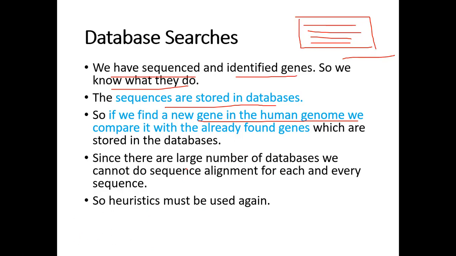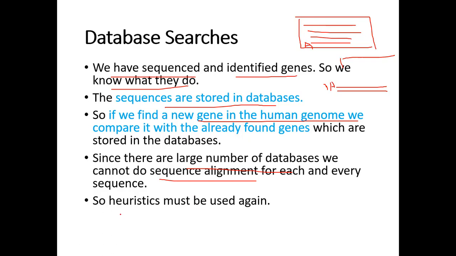Since there is a very large number of sequences in the databases, we cannot do sequence alignment for each and every sequence. Doing sequence alignments one by one would be difficult, comparing this one with that one, and so on. It's quite difficult with a large number of sequences like this.